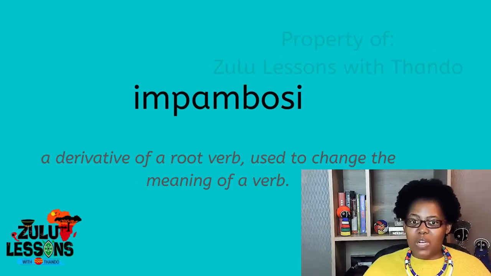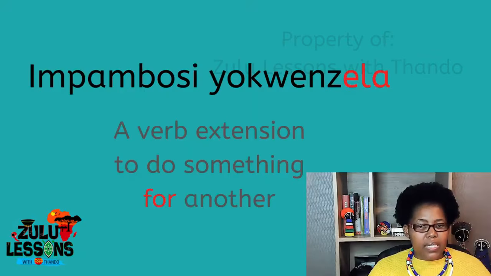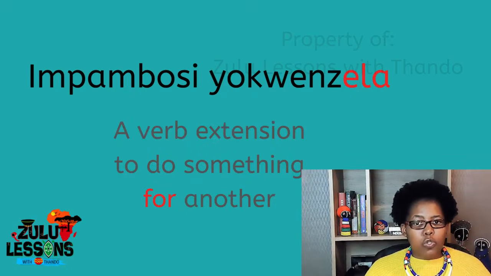Mngani, we are continuing with izimpambosi, so derivatives of verbs. So what we add at the end of a verb to extend it, and it changes the meaning of a verb. So the ones we've covered already is ela, which is impambosi yokwenzela, so to do something for another.